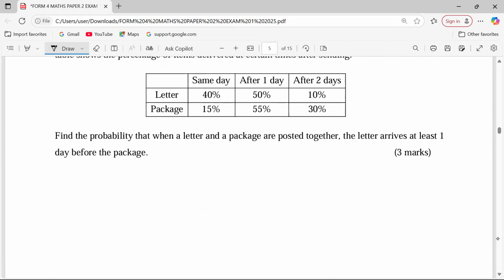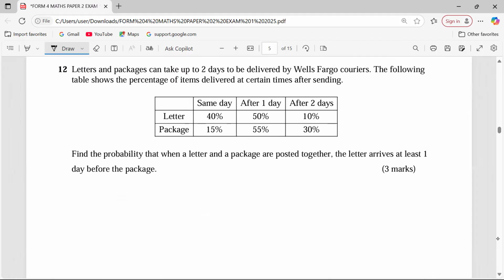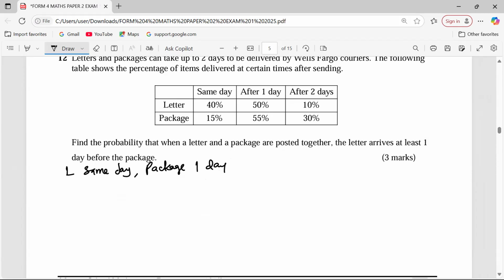So a letter arriving before the package means the letter arrives the same day and the package after 1 day. We just want to check the combinations where, after the two have been sent, the letter shall arrive before the package.